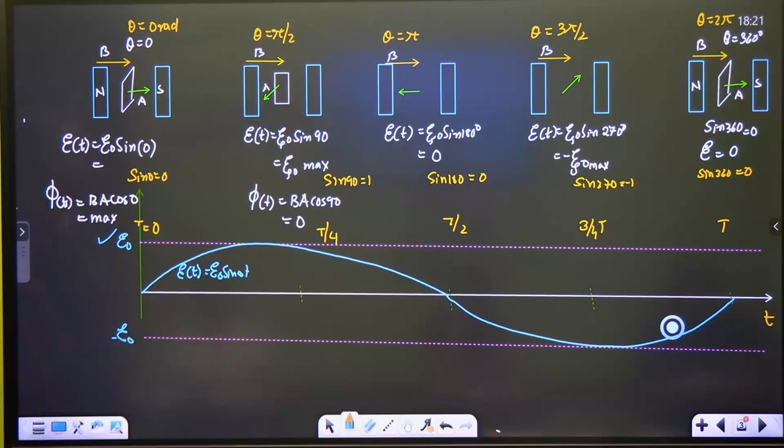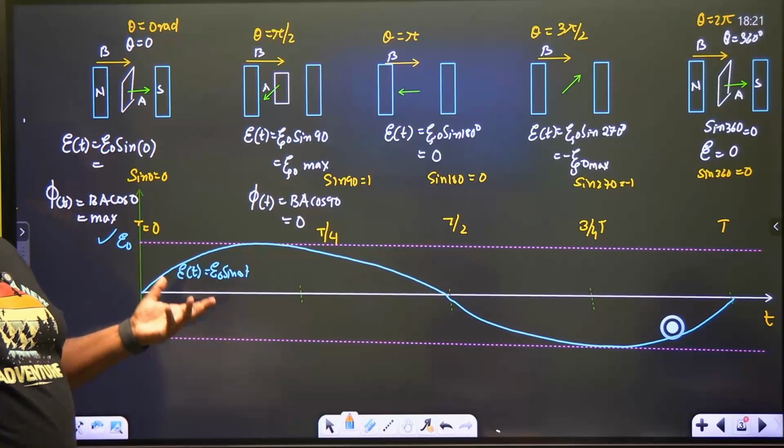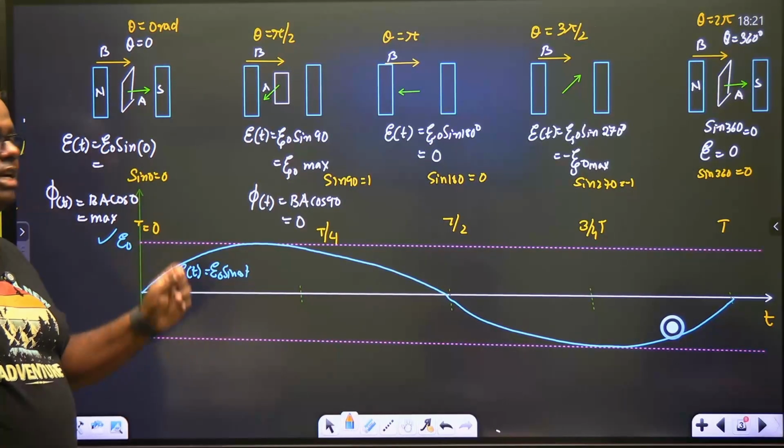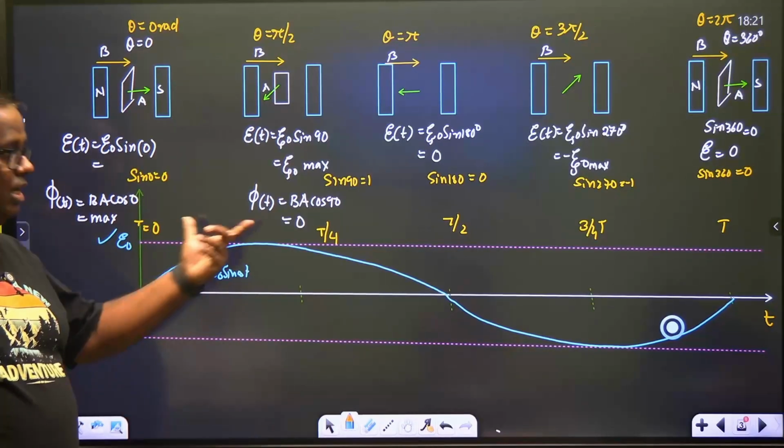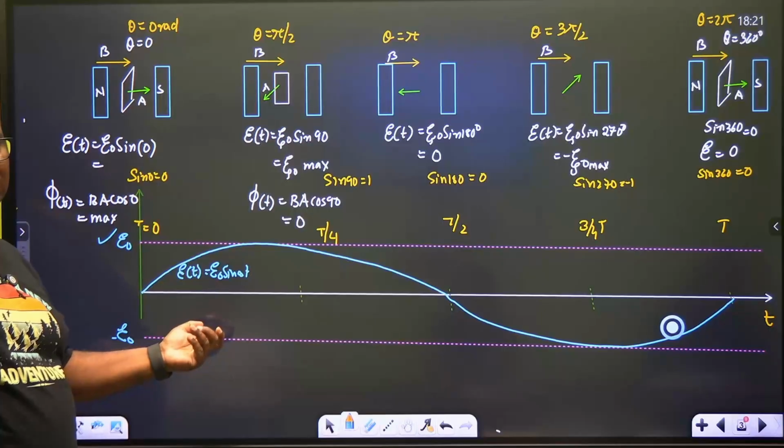See, at the end of the day, in this chapter, what all did you study? You studied Faraday's law, right? You saw Faraday's law as E equal to minus d phi by dt. Then you saw Lenz's law, why the minus comes. Then we also studied mutual inductance: M12 is equal to M21 equal to M. And otherwise inductance is L, net flux divided by current.